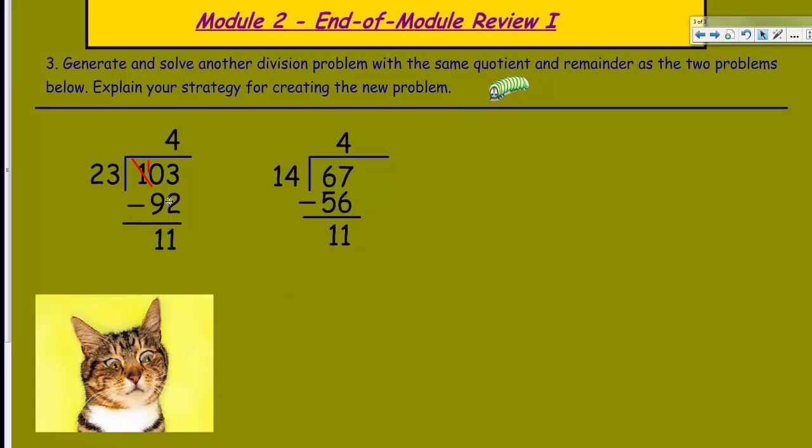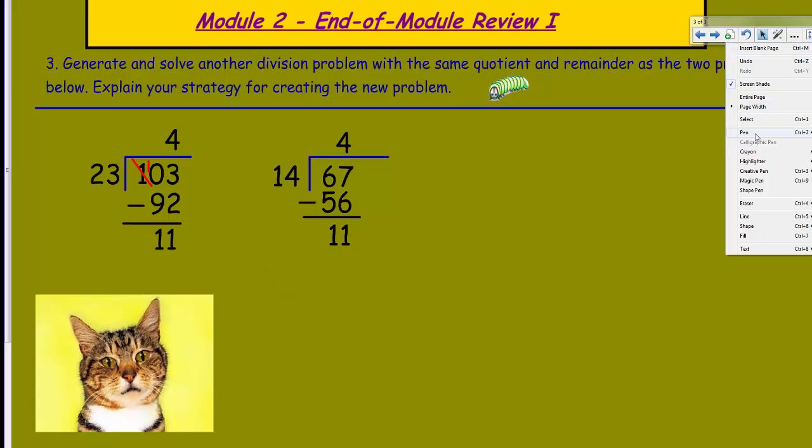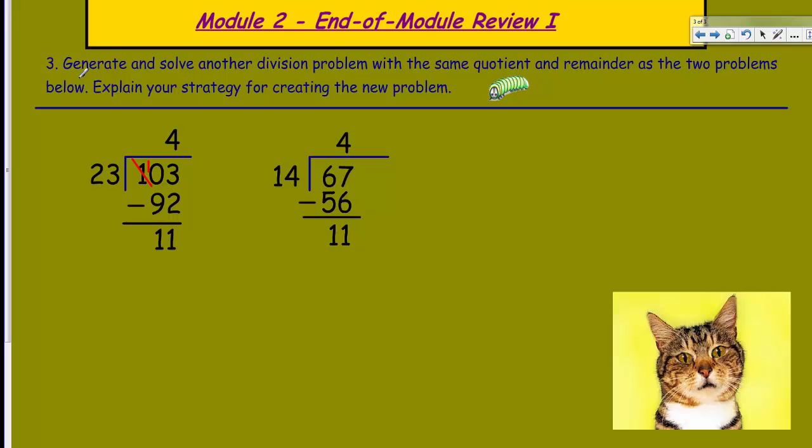All right, let's look at this problem. What do we have here? It says generate. I can see people getting stuck there. Generate means to create, to make. When you generate, you produce something. Generate and solve another division problem with the same quotient and remainder as the two problems below.